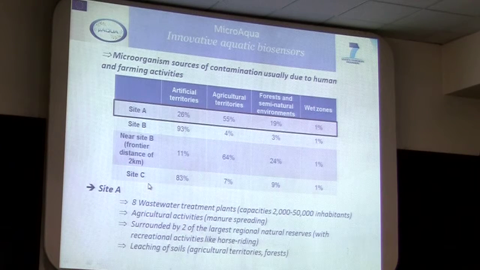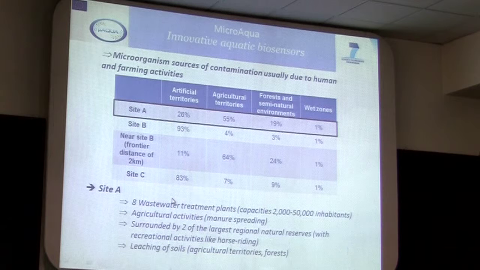This site is composed of a high proportion of agricultural territories, 55%, with probable manure spreading. And the site is surrounded by two of the largest regional natural reserves, with recreational activities like horse riding upstream of the sampling point.